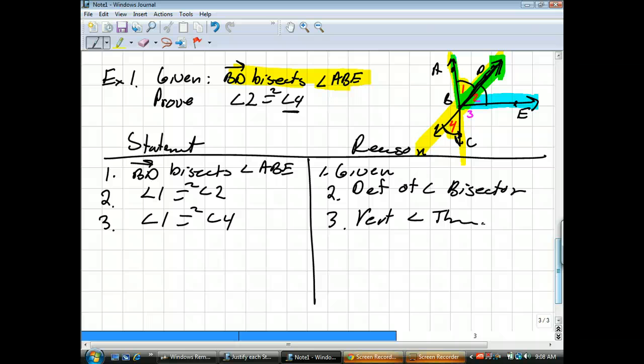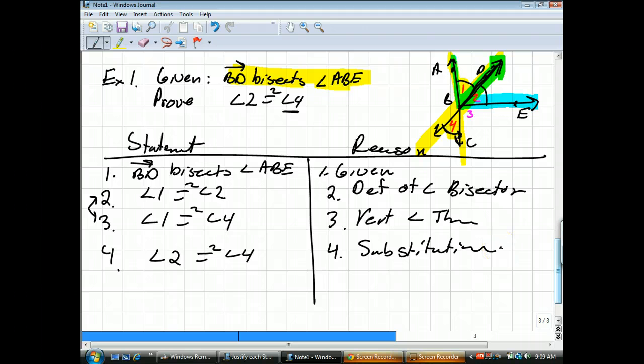Then I can say now that angle 2 is congruent to angle 4 by combining line 3 and line 2 and using substitution. Okay? So I have proved that angle 2 is congruent to angle 4.